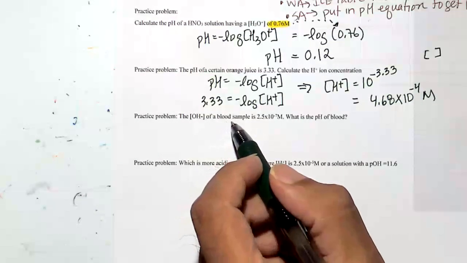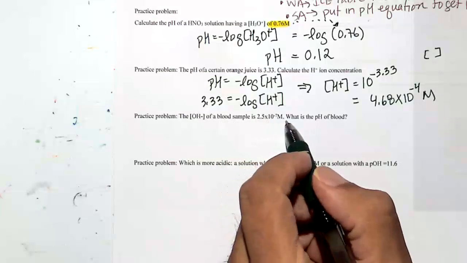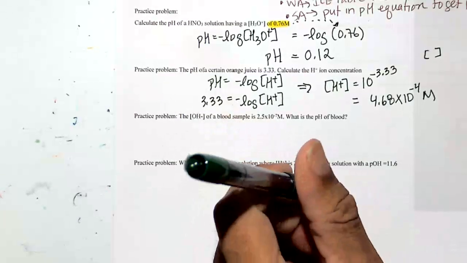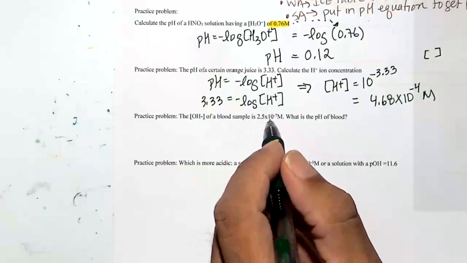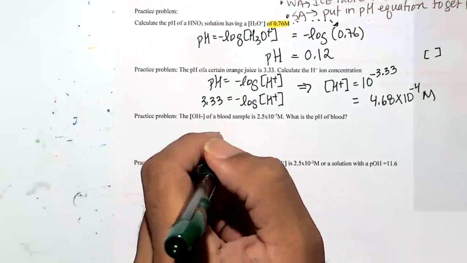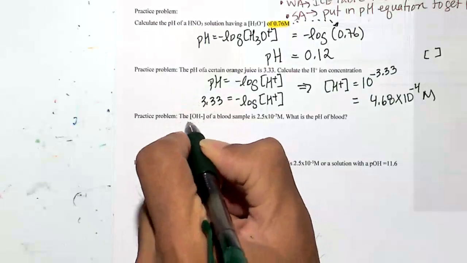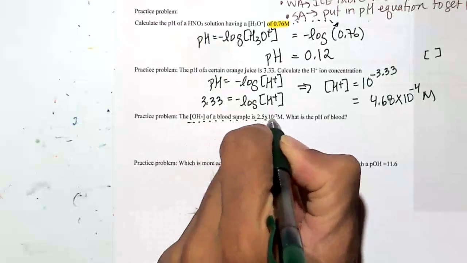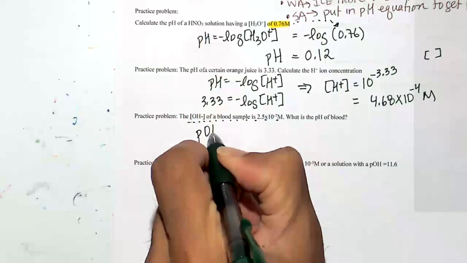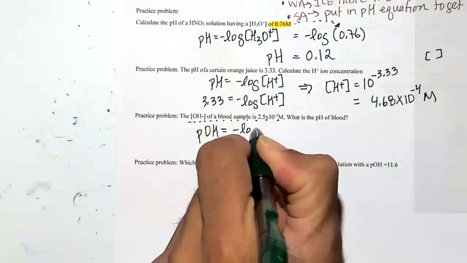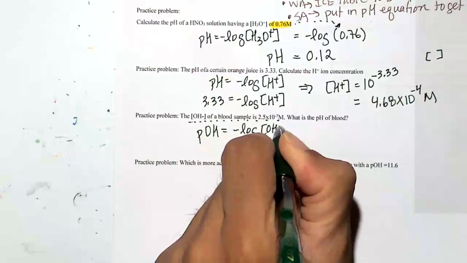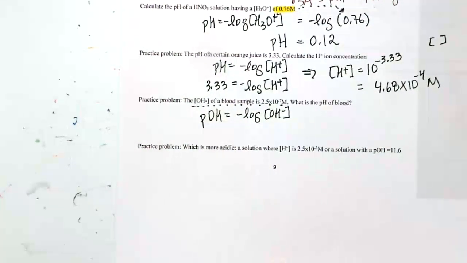The OH, hydroxide ion concentration of a blood sample is 2.5 times 10 to the minus 7. What is the pH of the blood? There are several ways to solve this. I think what I'll do is I'll take the pOH. Let's calculate the pOH, which is minus the log of the hydroxide ion concentration.